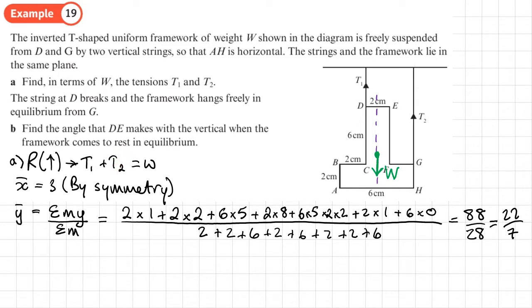So let's say, for example, I took moments from T1, so from this point here, okay, and my moments diagram is probably going to look something like this. So I'll need to know that distance to get to the perpendicular line of action where W is, and then I'm going to have a distance here to the tension T2.